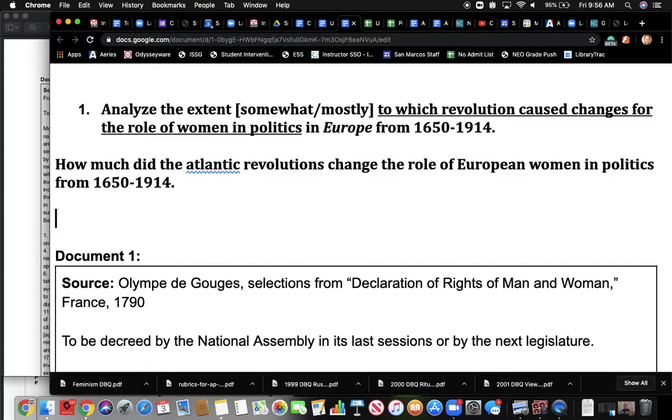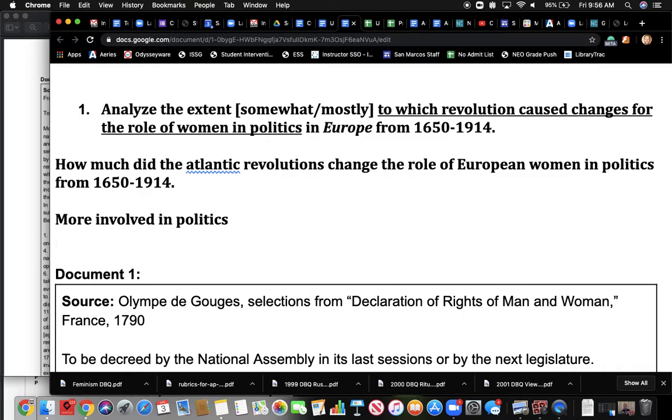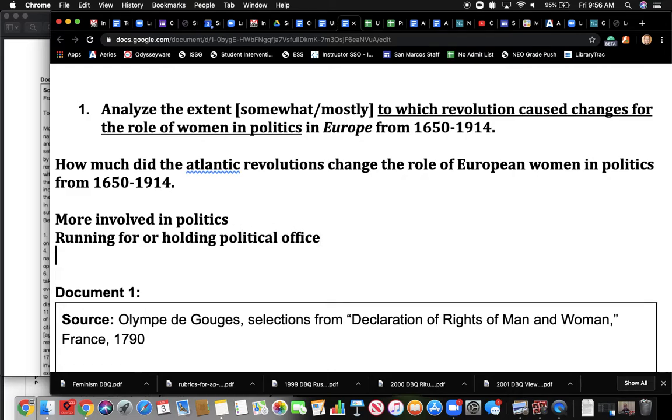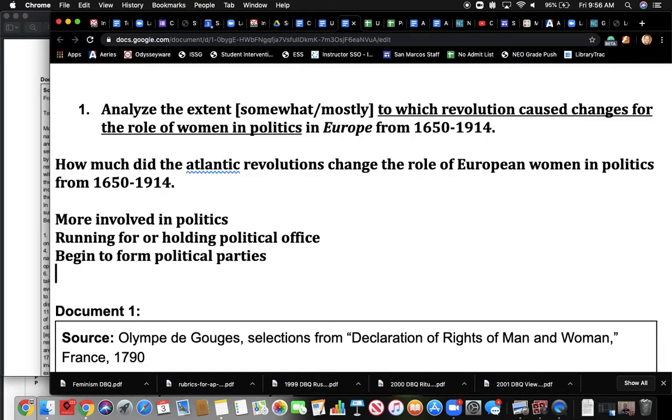I mean, maybe women could be more involved in politics. Maybe women could start running for or holding political office. Maybe women could begin to form political parties.